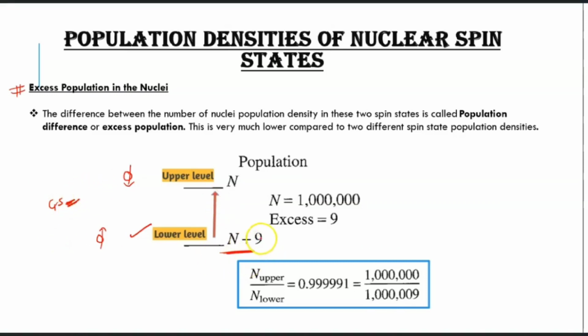So what we are trying to say over here is that the lower level will always consist of excess population, right? Now let's say that your lower level has n plus 9 excess population.